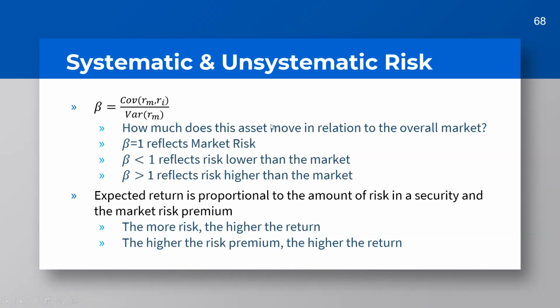And so expected return overall is proportional to the amount of risk in a given security and the market risk premium. Those are the main components building up expected returns, especially when risk-free rates are as low as they have been. With low risk-free rates, a much larger proportion of expected returns is going to be generated out of the amount of risk and the risk premium for bearing that risk.